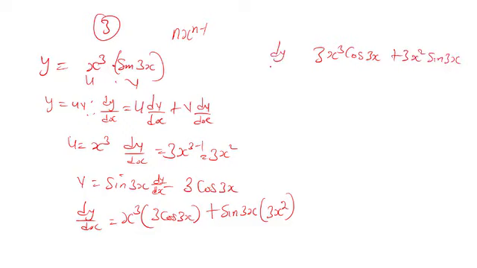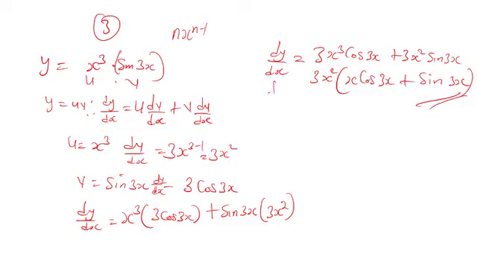Remember, these are dy/dx. So you break it down, you have 3 here, so 3 is common. x cubed, x squared, so you take x squared and you leave x cos 3x, then plus sine 3x. So this is our final value for dy/dx.